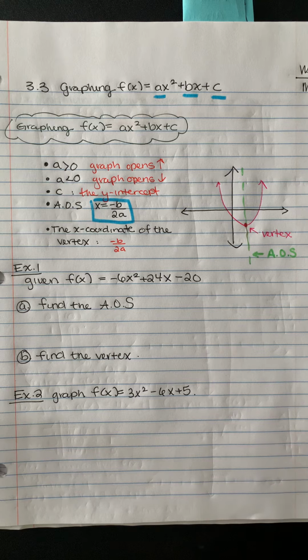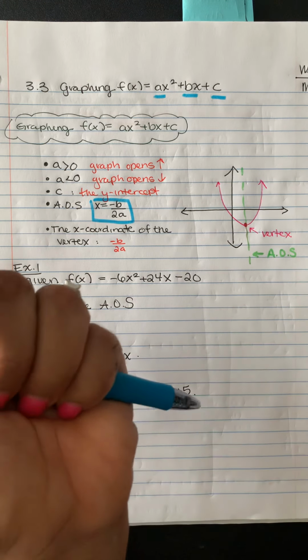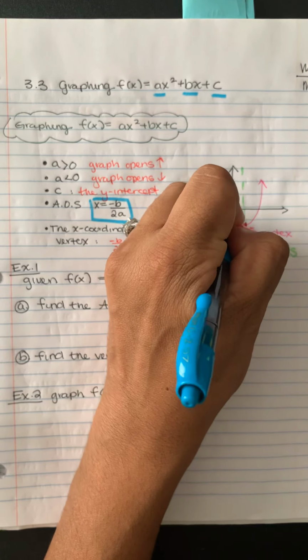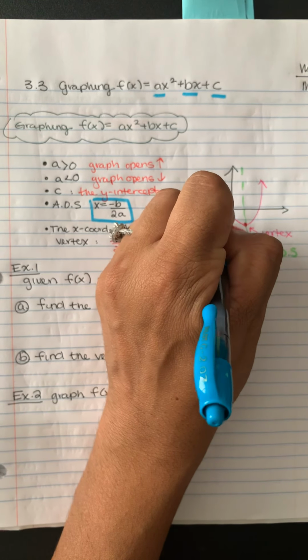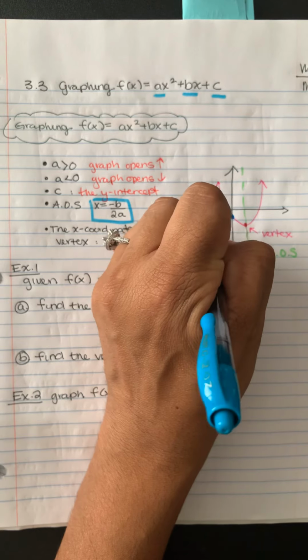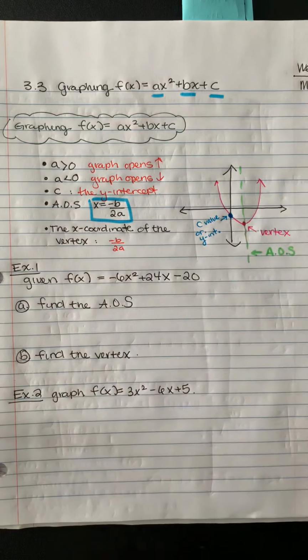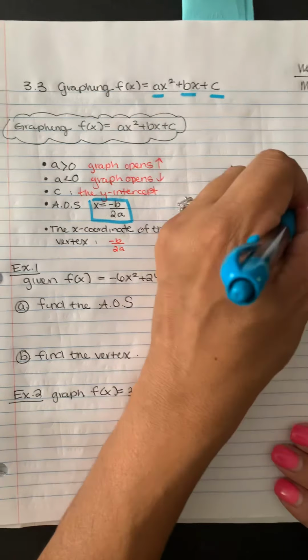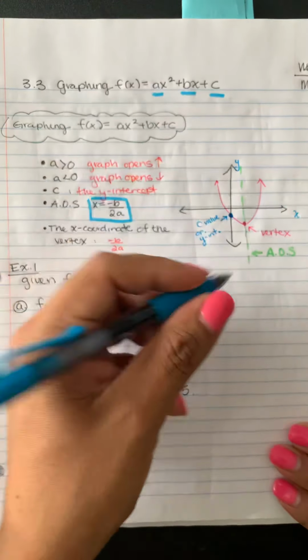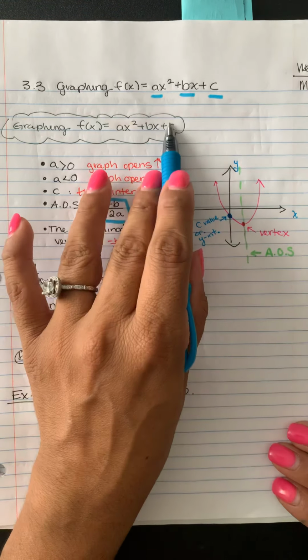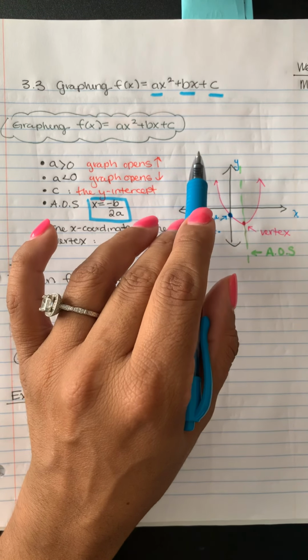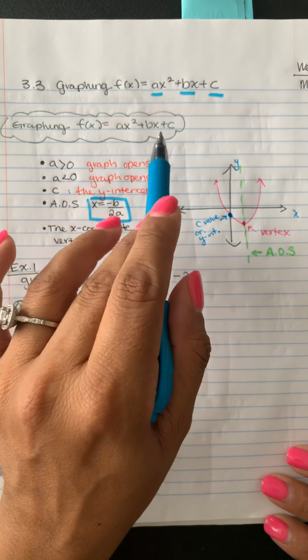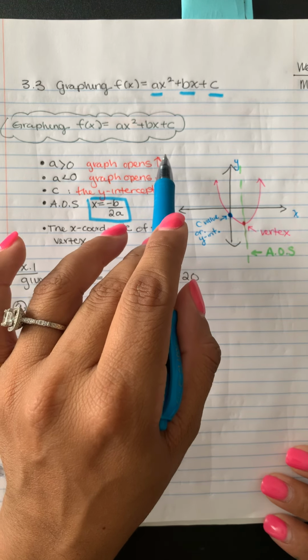Okay. This point right here is our C value, or our y-intercept. Remember, it crosses the y-axis, so if this is your x-axis, here's your y-axis, so whatever C is. If you don't have a number for C, which is a constant, then we know that it's 0, it's going to cross at 0, okay?